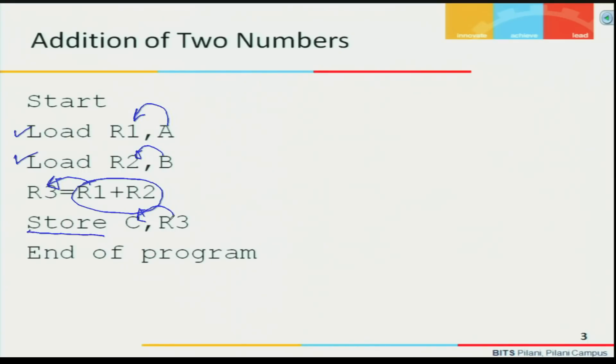Assume that these two data represented by memory locations A and B are already available in the memory. That is why I am able to load them in the processor, do the operation and store the result. So, this is one simple program.